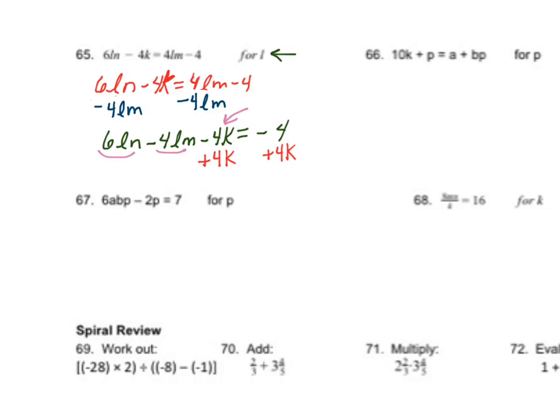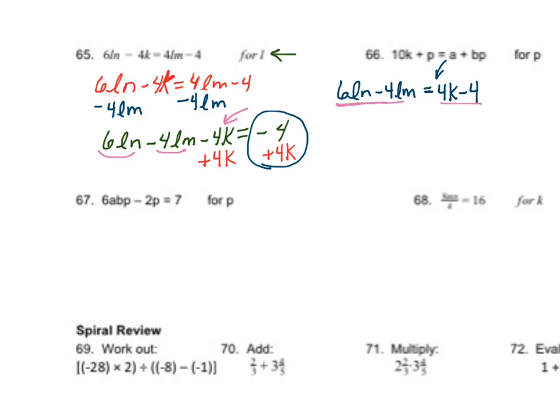So now let's look at where I'm at. 6ln minus 4lm equals, and so I can put negative 4 plus 4k, but I'm going to put 4k minus 4. By doing that, I'm leading with a positive term, which is a standard way to go about things. So now I've got the things with the variable I'm solving for on my left, and the things without that variable on the right.